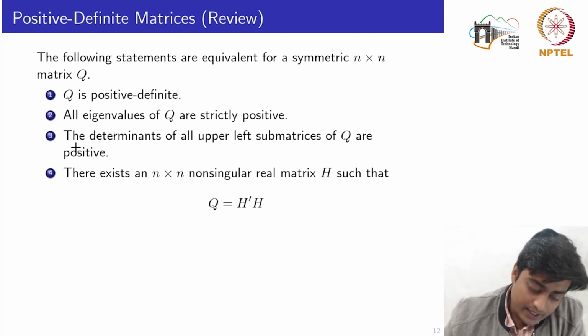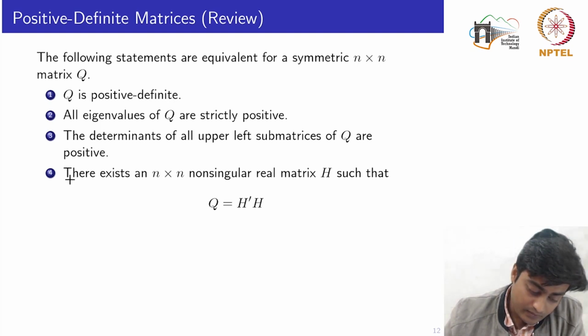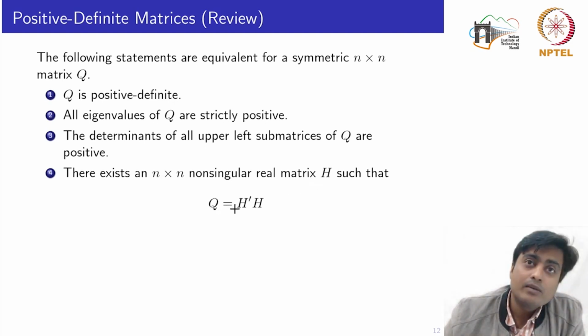Which is equivalent to saying the determinants of all upper left sub matrices of Q are positive, and vice versa if the matrix is negative definite. This is again equivalent to saying that there exists another square non-singular real valued matrix H such that the matrix Q is the multiplication of the transpose of that matrix with itself. Okay.